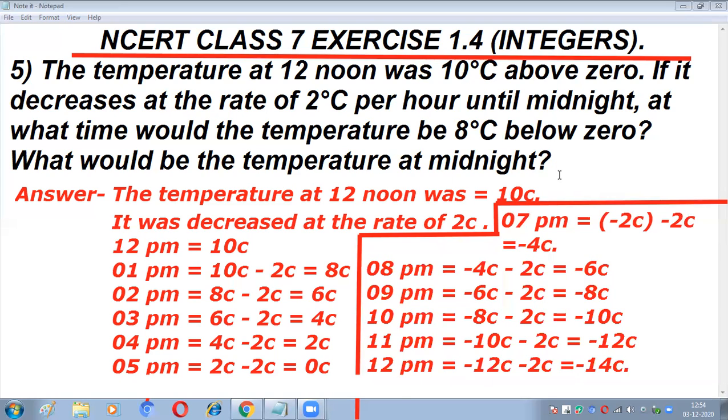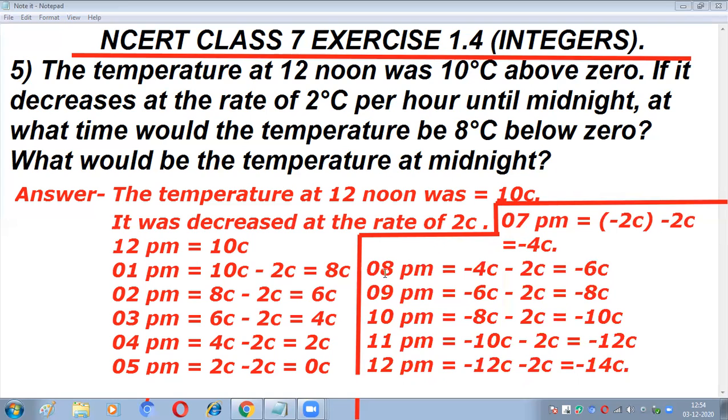Okay, so here it is telling that the temperature at 12 noon was 10 degrees Celsius, as we have done here above 0. If it decreases, this is all we had done. So the real question is, at what time would the temperature be 8 degrees Celsius?